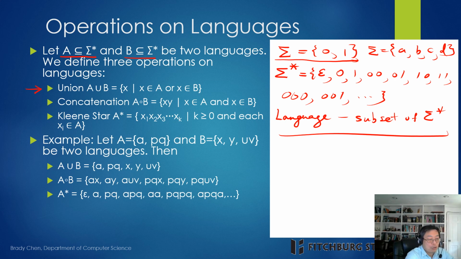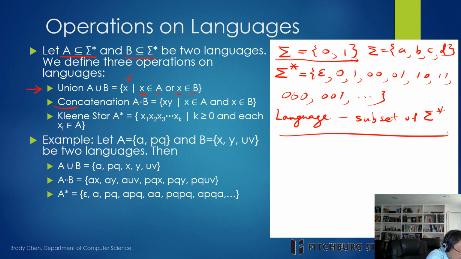It's the same definition as in set theory, right? We have two sets and then the union of two sets. So now we treat language as a set. A union B is defined as all the strings that either belong to the first language A or belong to the second language B. That's the union of two languages.